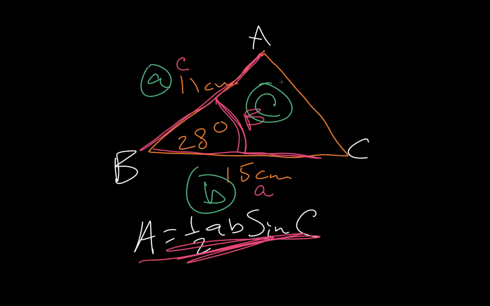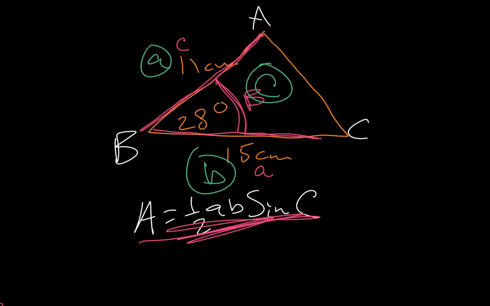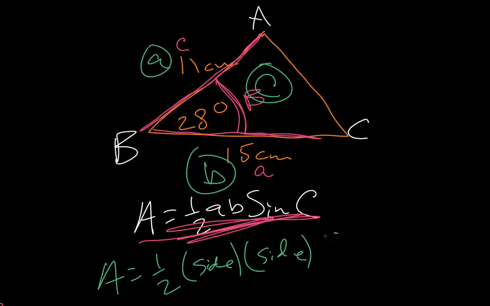And once again, how we should think of this formula, the area equals 1/2, just any side, times a different side, and then sine of the included angle.